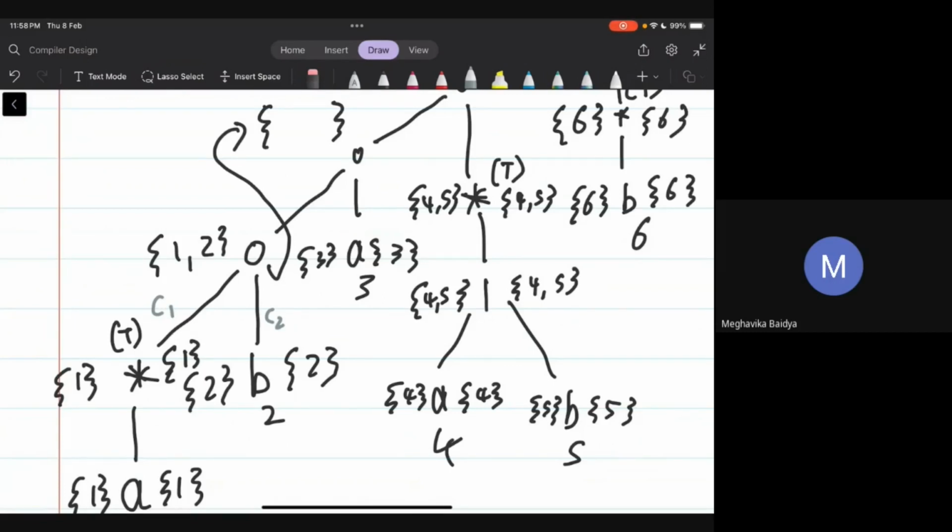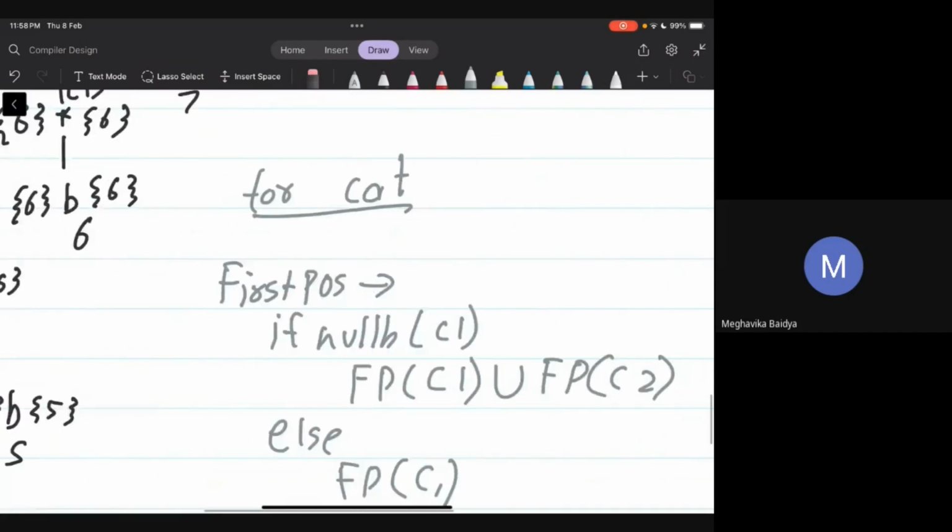I'm saying that for last pos, you check the nullability of C2. Here, if C2 is true, then LP of C1 union LP of C2. So the same thing here: if nullability of C2, I'll copy and paste it here and write it as last.